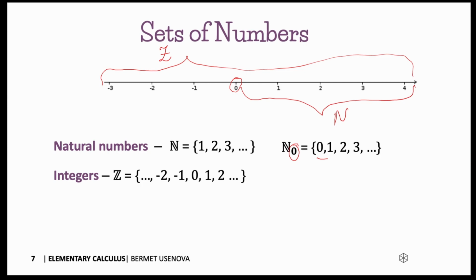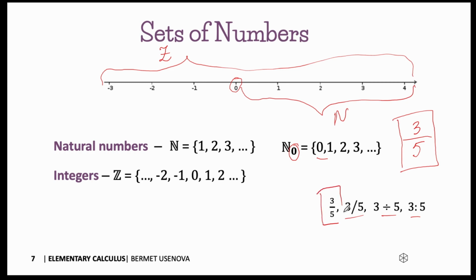So if we take any two integers, for example, 3 and 5, and divide them by one another, we get an expression that we call a fraction. By the way, there are several ways you can note a division of two integers. Here you see different signs that you can use, but mainly you will see during your studies the fraction form.